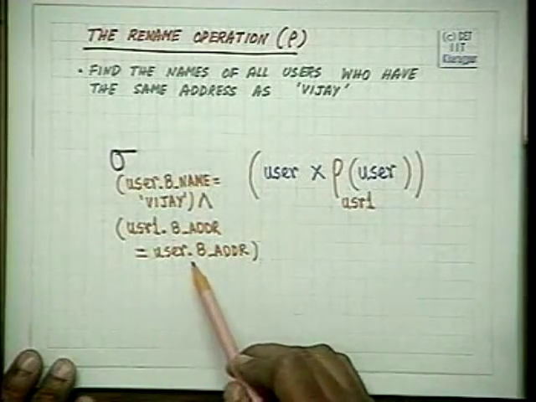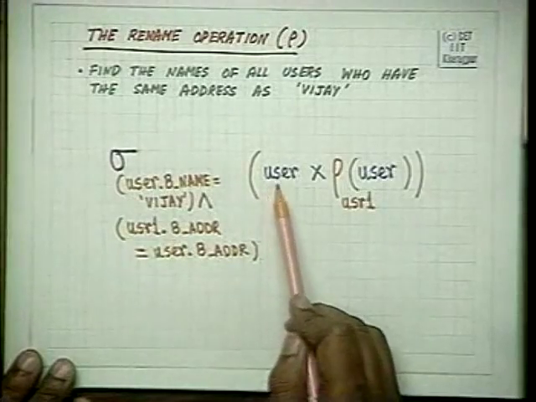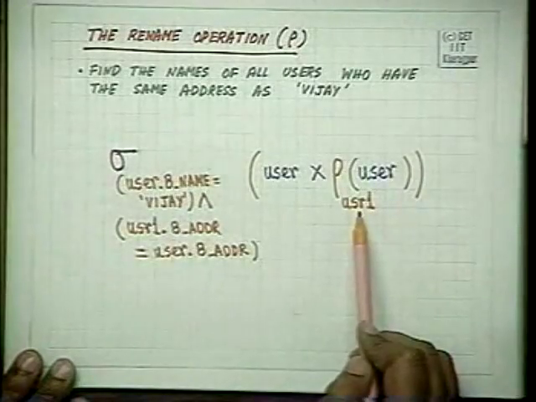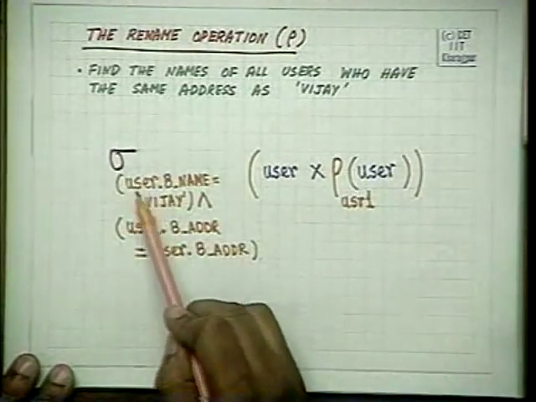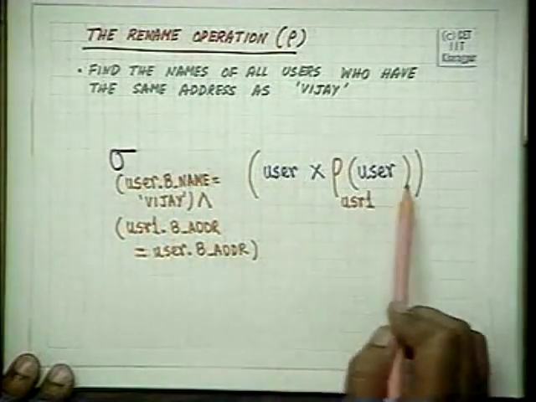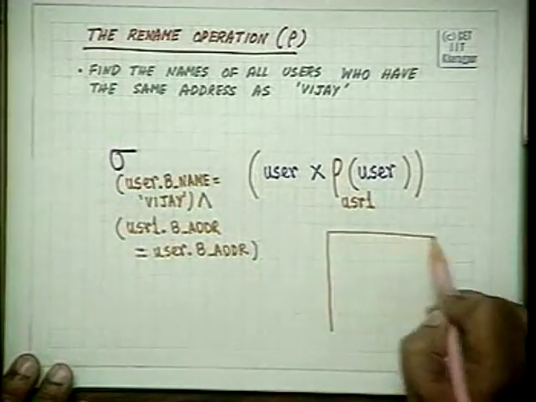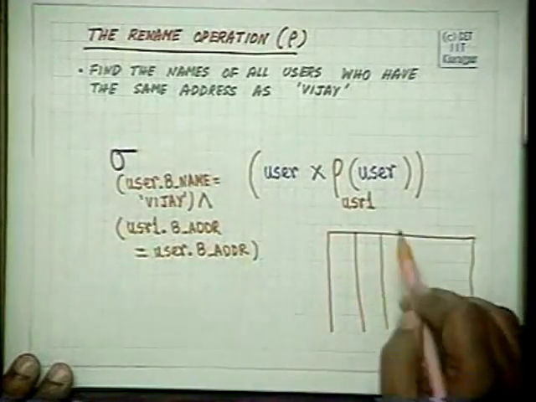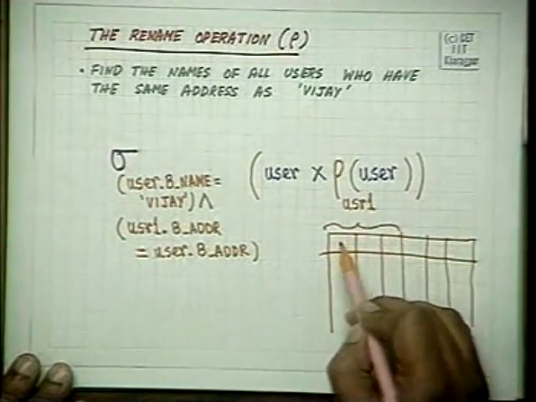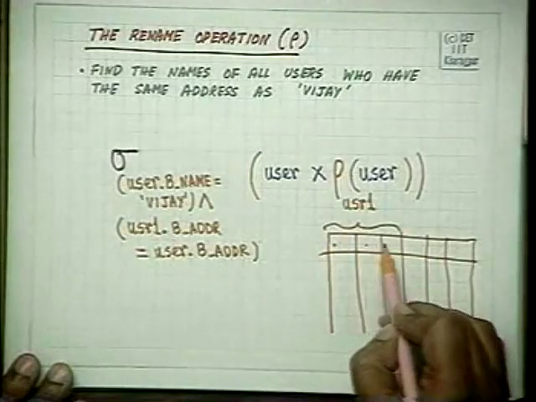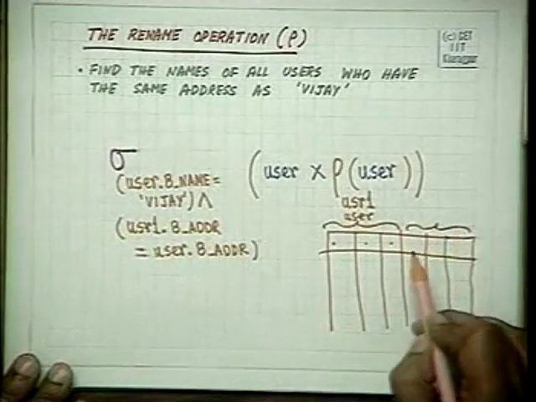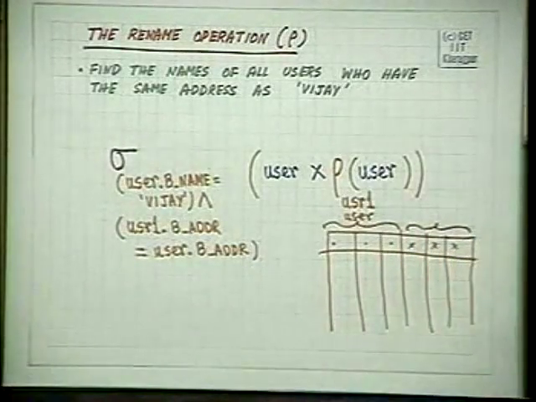So at this point, from this user and USR1, we have got a tuple in which we have extracted out those whose names are Vijay. This has got 6 attributes. Three attributes corresponding to card number, name, address of user, and 3 attributes corresponding to card number, name and address of USR1.